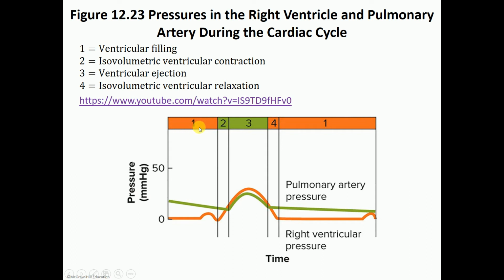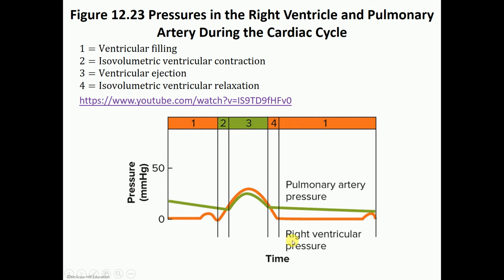Number 1 is the ventricular filling phase. 2 is isovolumetric ventricular contraction, when all of the valves are closed. 3 is ventricular ejection. 4 is isovolumetric ventricular relaxation. And then that takes us back to phase 1. So these parts represent the 4 phases up here. And then we are going to record the changes that happen.